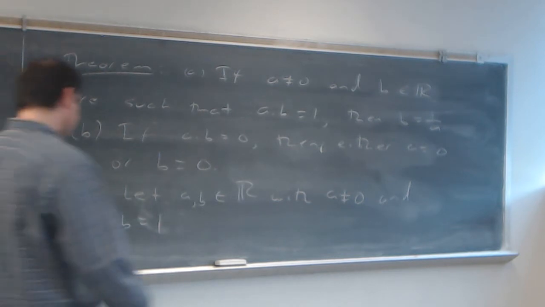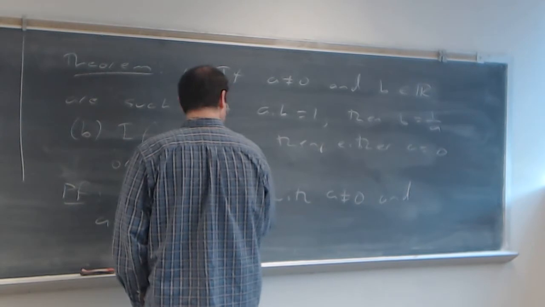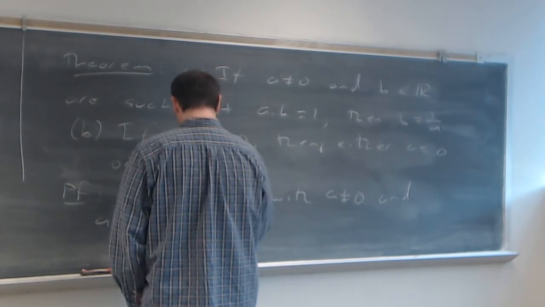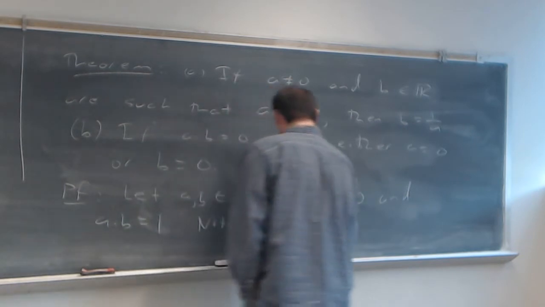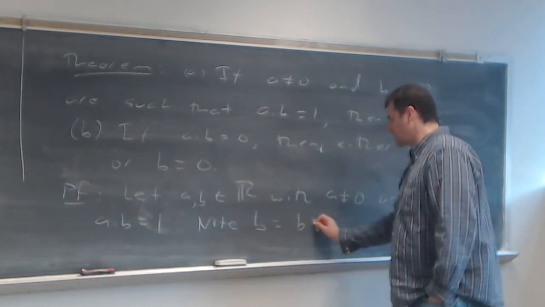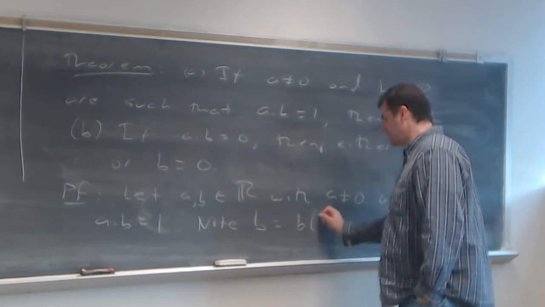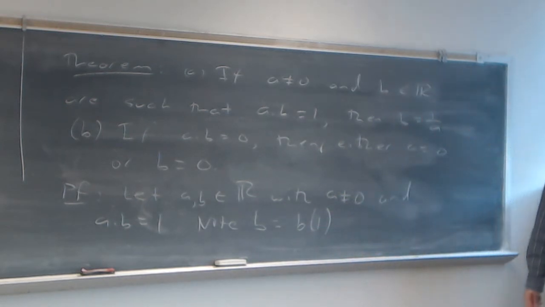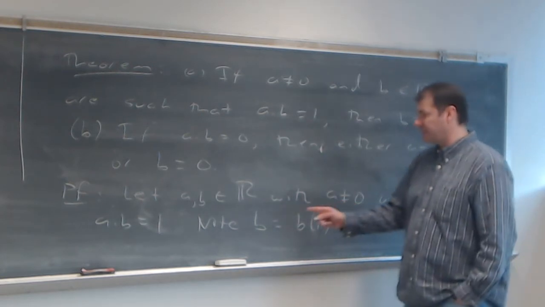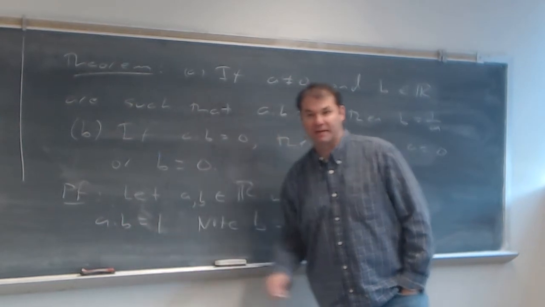Well, since I want to say something about B, let me grab B. I'm going to start with B, and I'm going to note that B is equal to B times 1, because 1 times anything is the anything. And now, as I've done before, I'm going to rewrite 1 in a special way that involves A, because I know something about A and B being multiplied together.